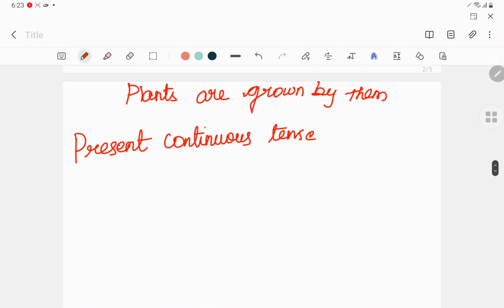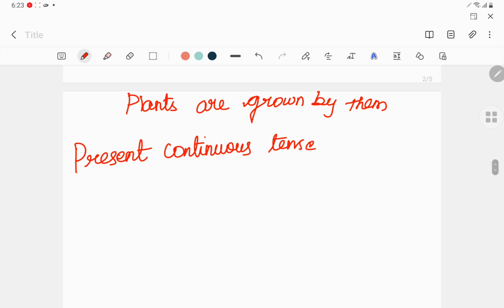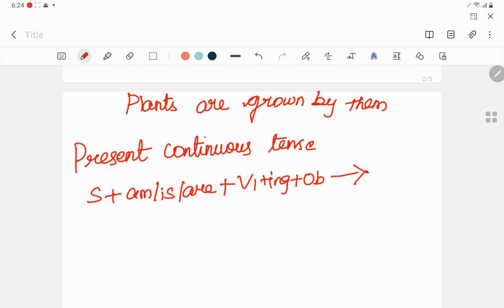But in continuous tense also we have am, is, are. For example, the present continuous structure is subject plus am, is or are plus verb 1 plus ing plus object. So how do you change that? The object will come first, and while changing, you also want to add am, is or are. Present tense means am, is or are will come first. So here you have ing.